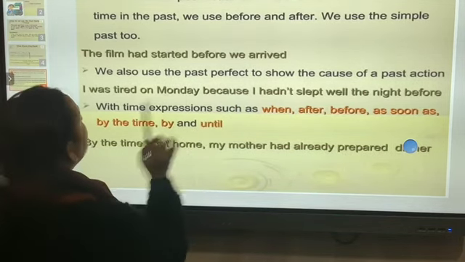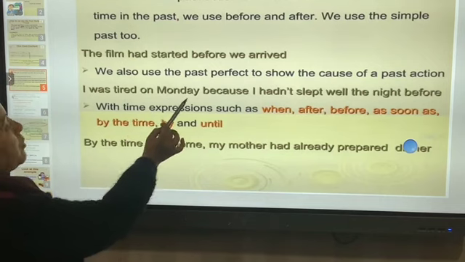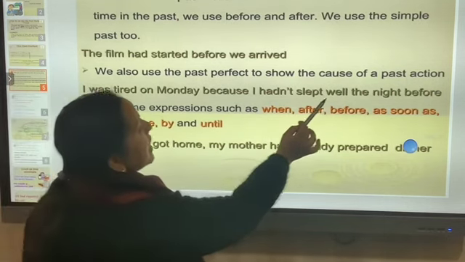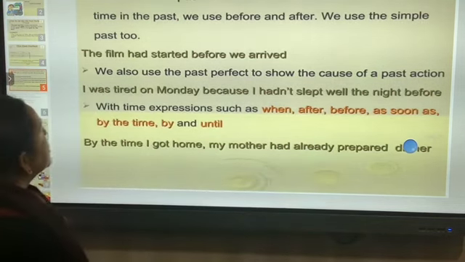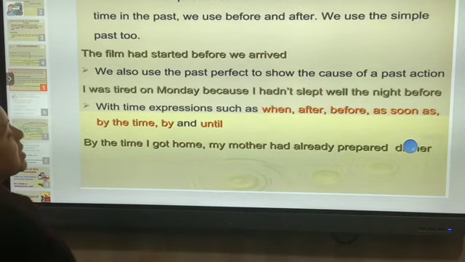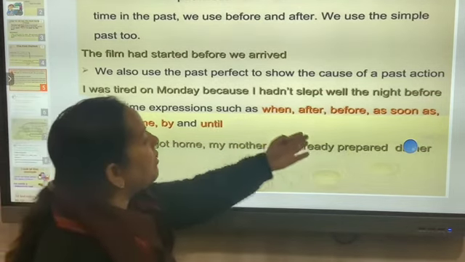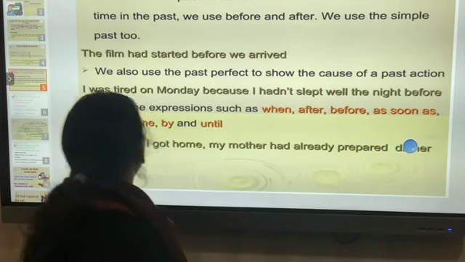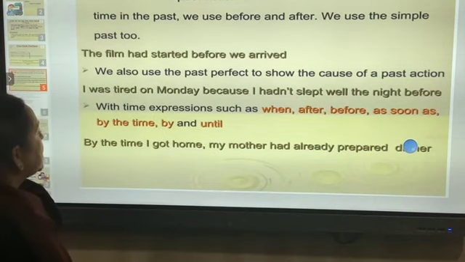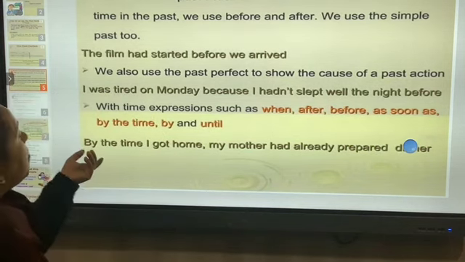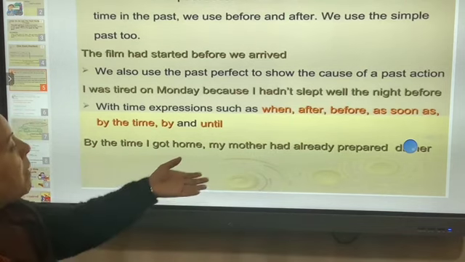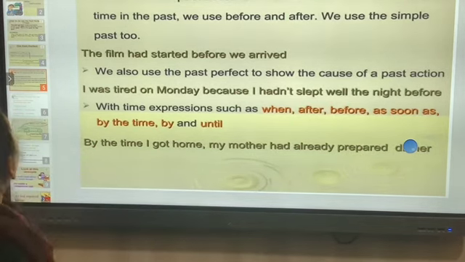Cause is shown by because: I was tired on Monday because I hadn't slept well the night before. With time expressions, we use when, after, before, as soon as, by the time, by and until. For example, by the time I got home, my mother had already prepared dinner.